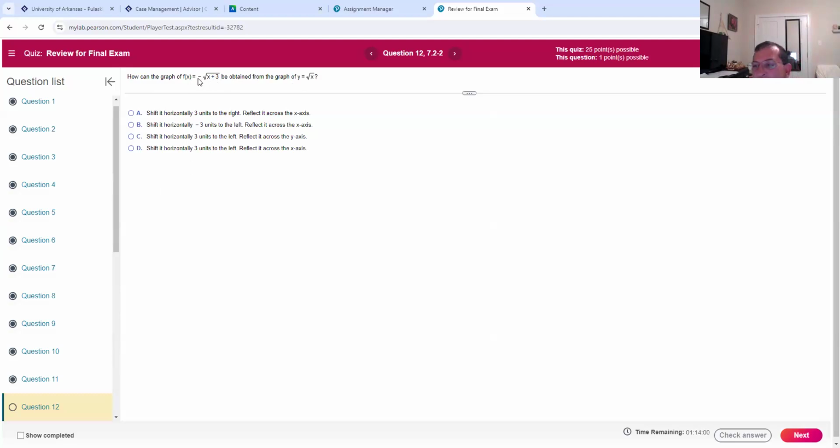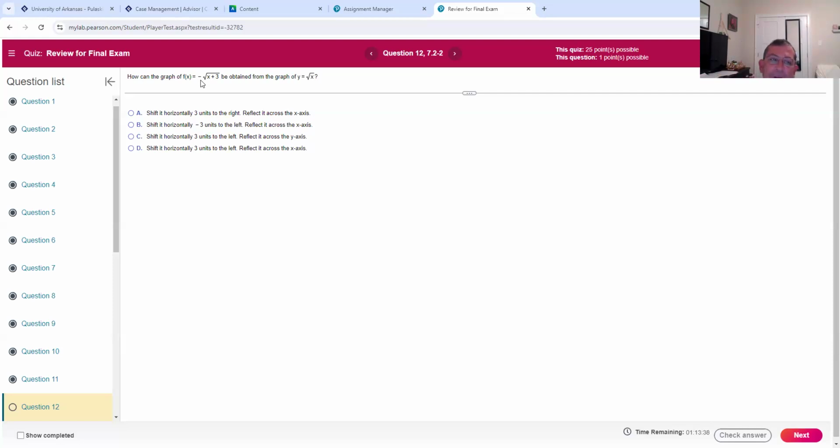And then the negative in the front only reflects you across the x-axis. Okay? You have to make the exponent negative to reflect across the y-axis, okay? So y'all on your number 12, it's only going to reflect over the x-axis.